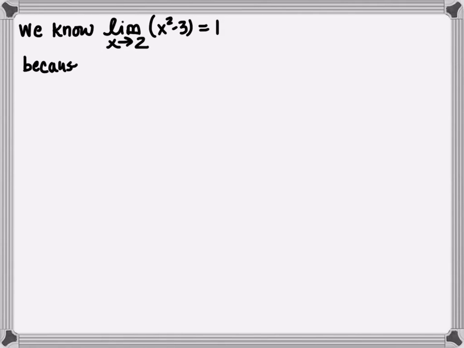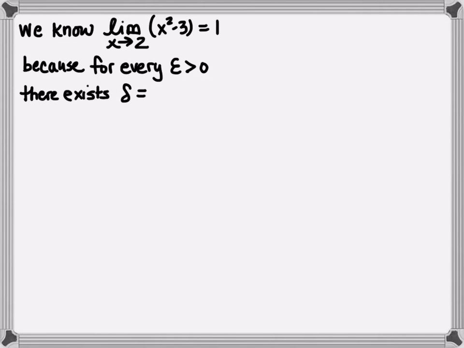So it starts out much the same way we did before. We know that the limit as x approaches 2 of x squared minus 3 equals 1 because for every epsilon greater than 0, there exists delta equal to what?